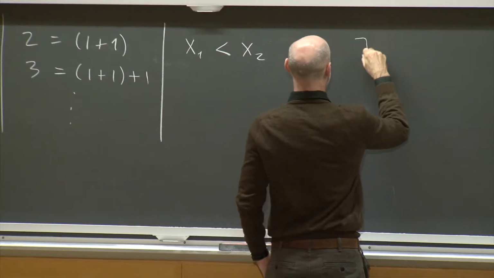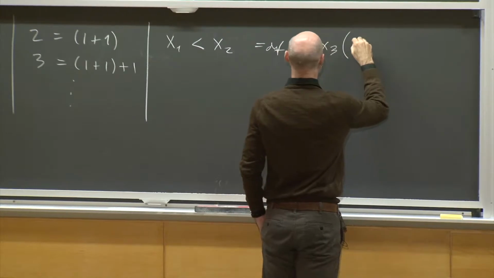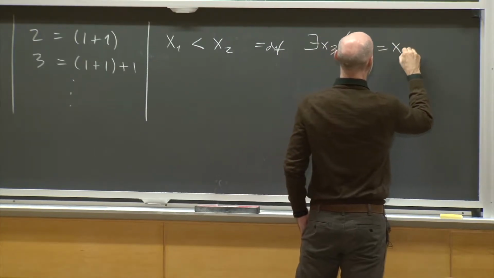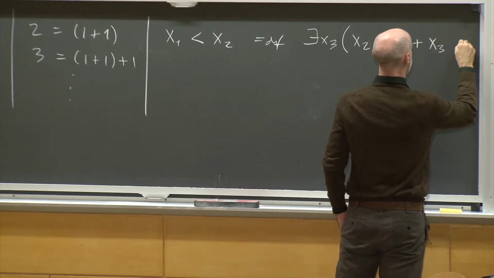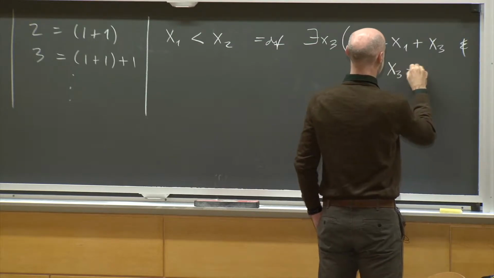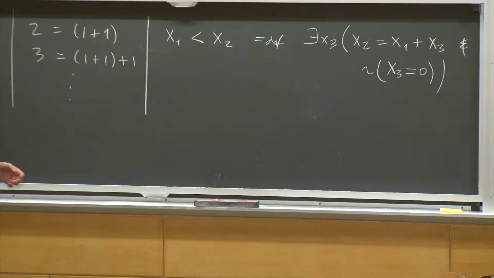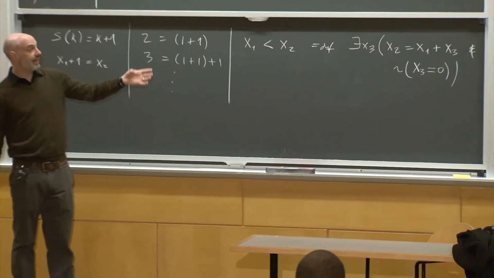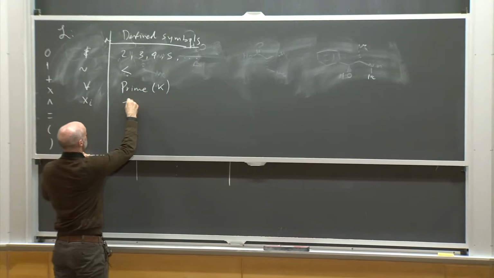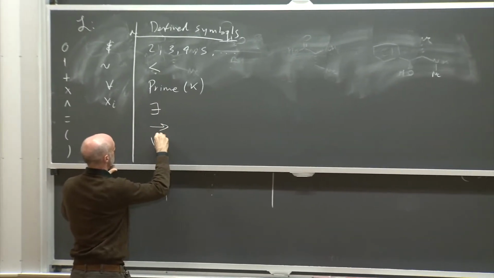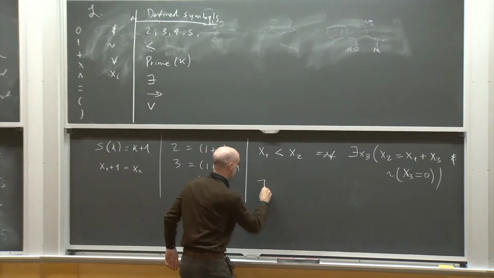It just means that there exists something such that x2 equals x1 plus that something, and that something is not 0. So you get from x1 to x2 by adding something different than 0. Oh, we also defined these guys. So the existential quantifier we define like that.